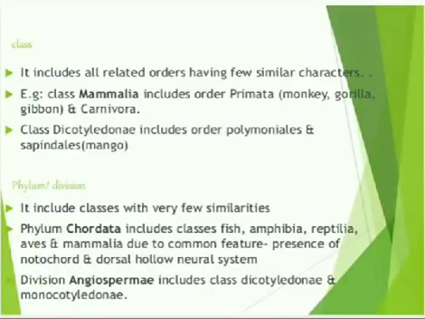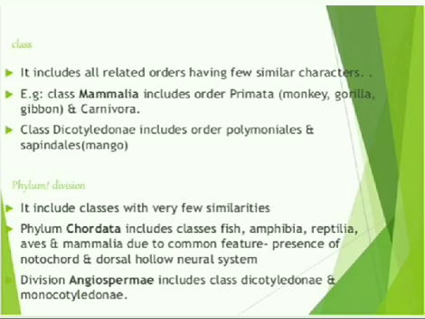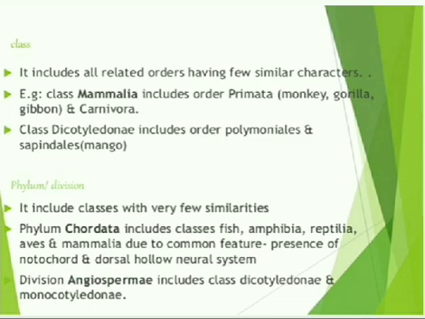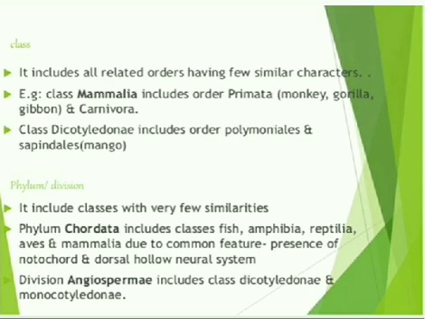The next step of the hierarchy is the class, which includes all related orders having few similar characters. For example, mammals, in which we include primates, monkey, gorilla, gibbon, and a large number of carnivores. But their main characteristic is that all of them have mammary glands.